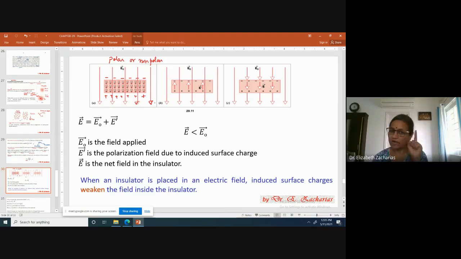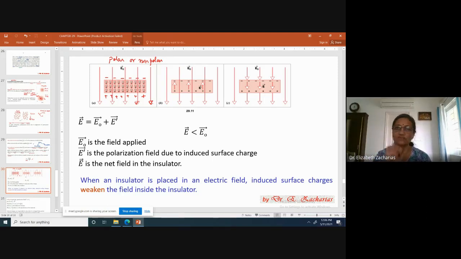This is similar to what happened in the case of a conductor, but in a conductor, how did that happen? Anyone remembers? In the case of conductors, it happened because of actual motion of electrons, moving against the electric field, and deficiency of electrons on the other face, so it is positive.